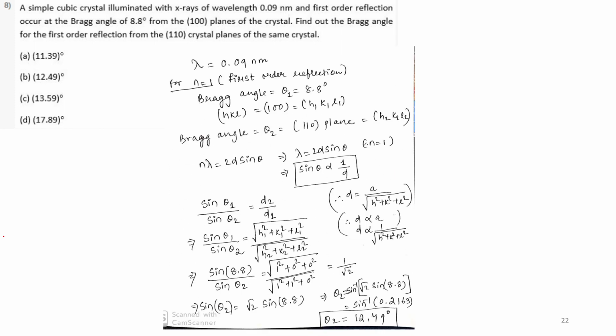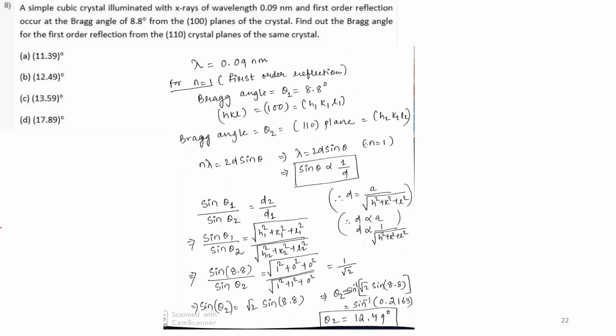Now if you see the eighth problem, a simple cubic crystal is illuminated with X-ray of wavelength 0.09 nanometer and the first order reflection occurred at Bragg's angle of 8.8 degree from the 100 plane of the crystal. Find out the Bragg angle for the first order reflection from the 110 crystal plane of the same crystal. Okay, so what parameters are given?